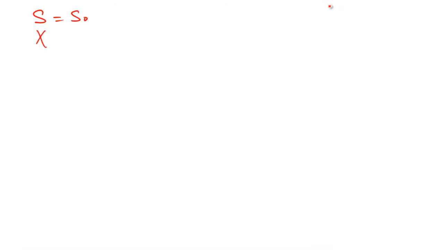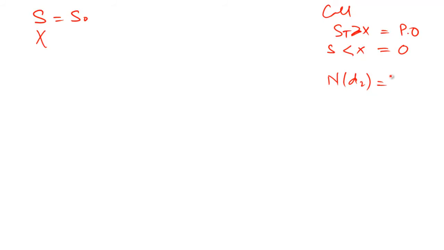If you assume a call option, if ST is greater than or equal to X, you get a payoff. If it's less than X, you get 0, no payoff, right? So for a call option, the probability we're looking at is N of d2, the probability that ST would be greater than X.